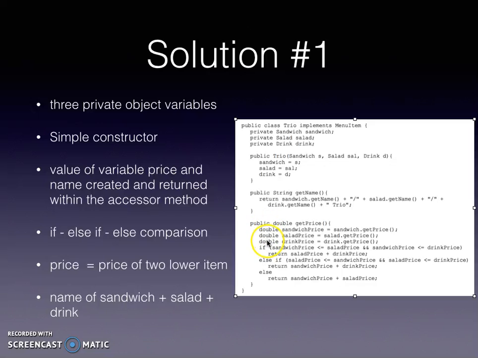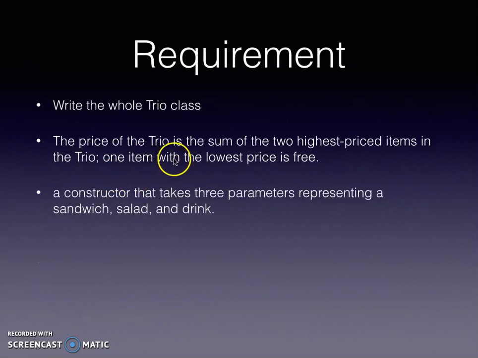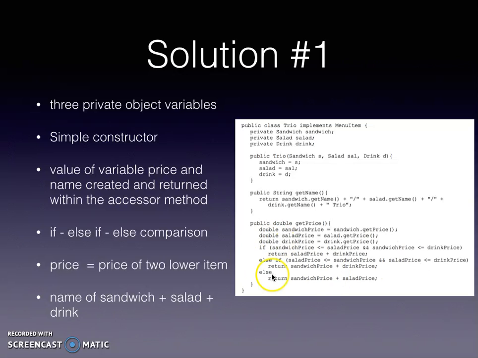After the 3 variables are declared and initialized, there is a comparison of the 3 price values. As I said on the previous slide, the price of the Trio is the sum of the 2 highest priced elements, which is what it is meant to be. Given the 3 possibilities, the if-else has 3 return statements, so it will always return something without error.